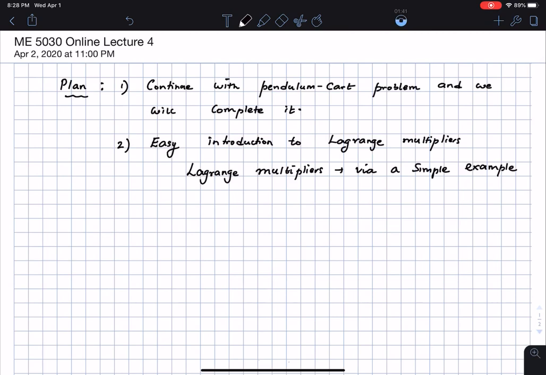And the basic idea is Lagrange multipliers will allow us to handle systems. Suppose you are interested in constraints, or if you have non-holonomic systems, then Lagrange multipliers is the way to go. Okay, so I just want to make a brief note of that.